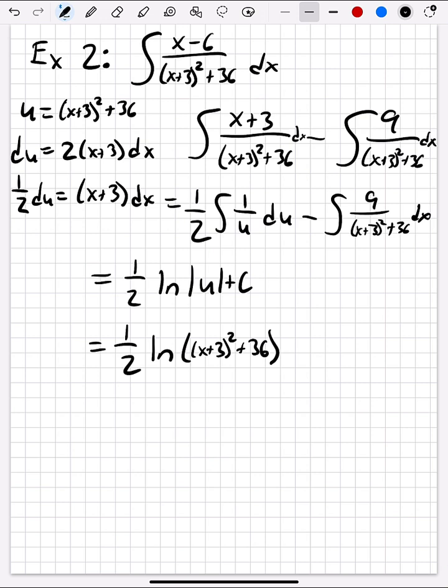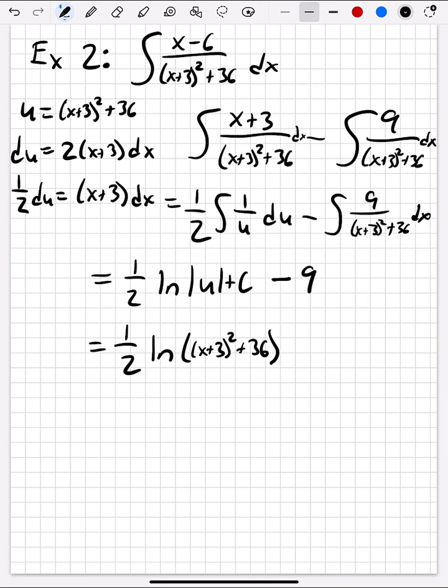Now I'm going to focus on my integration of the minus 9 over (x plus 3) squared plus 36. The first thing I notice, of course, is I can pull this 9 out.